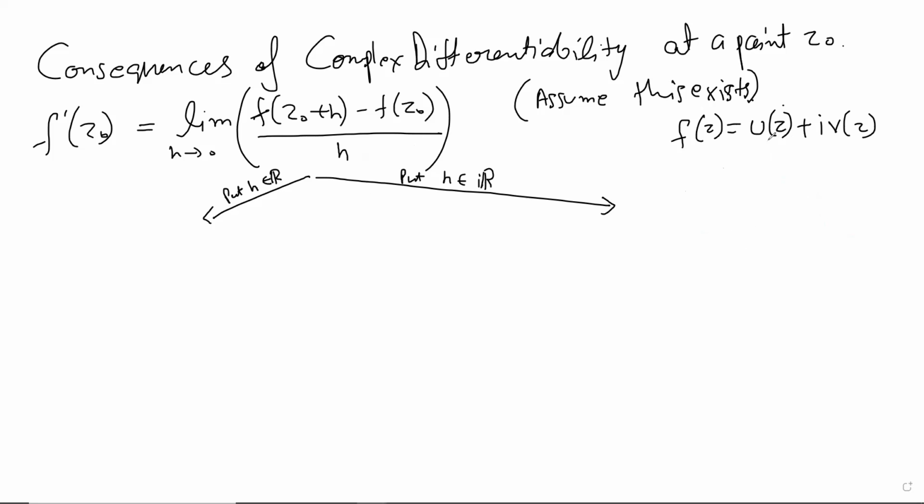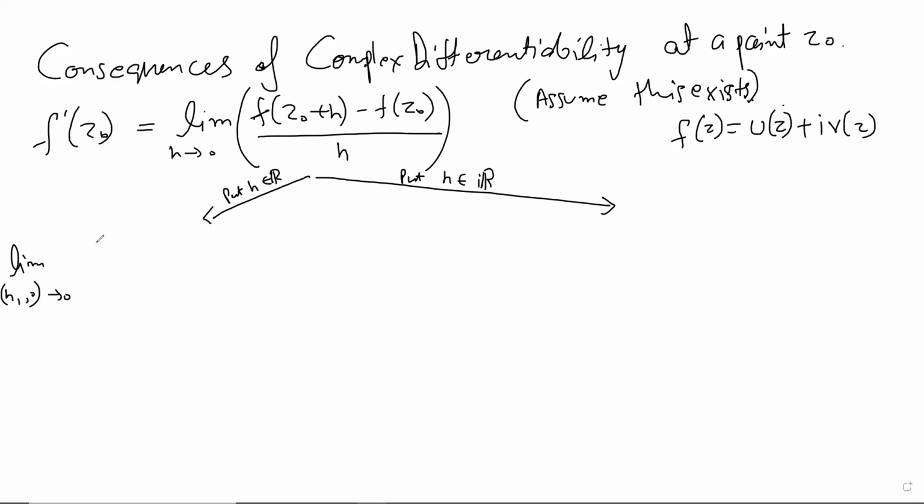In any case, if we put this here, what do you get? Let's just see. So here h is real. Maybe I should be more careful and say h1 comma 0 going to 0.